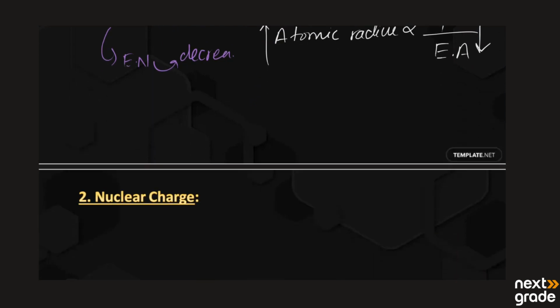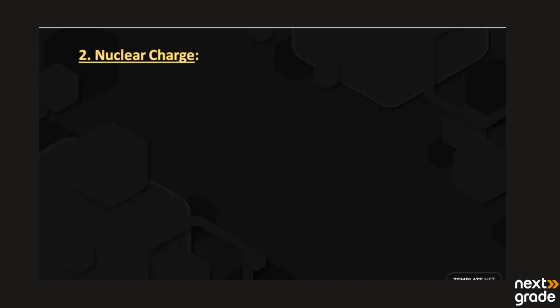Next we have the factor of nuclear charge. Now how will the nuclear charge affect the electronegativity? The simple answer is that if the nuclear charge is greater, then electronegativity will be greater.